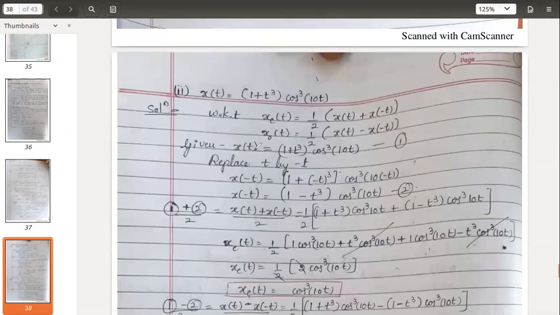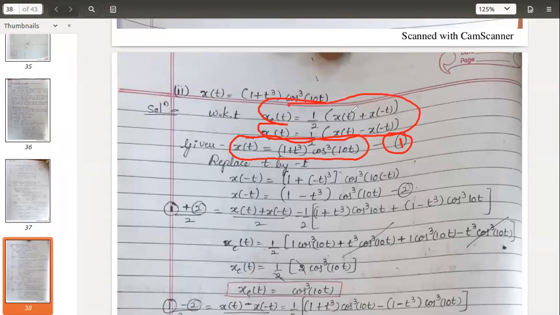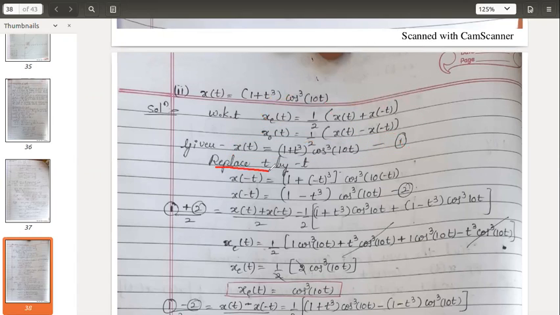So given x of t is 1 plus t cube into cos cube, let's call this equation 1. This is the first part of your even and odd equations, equation 1. Now we want x of minus t. x of minus t means reflection, reversal is needed, for that we will replace t by minus t.